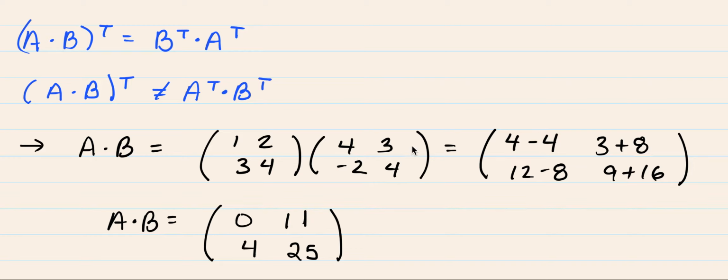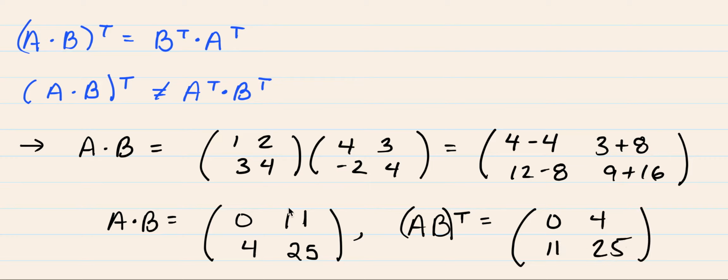Okay, now let's take the transpose of this. So (AB) transpose is going to be 0, 4, 11, 25. We flip along the diagonal. Okay, so we've found this. Let's copy it.